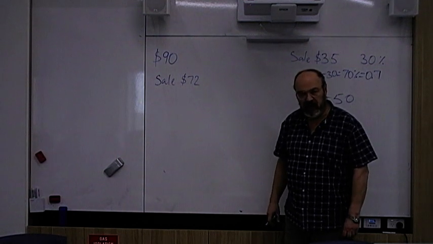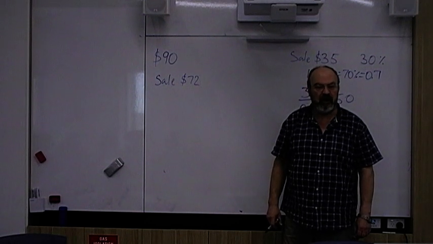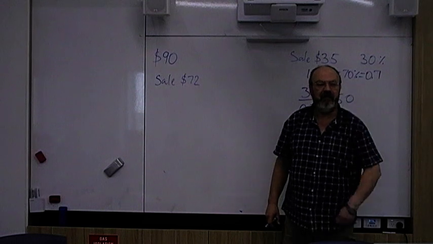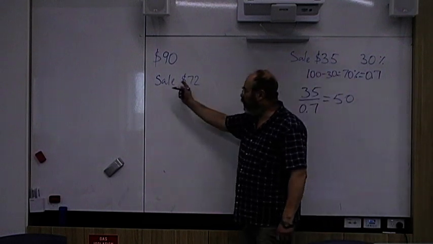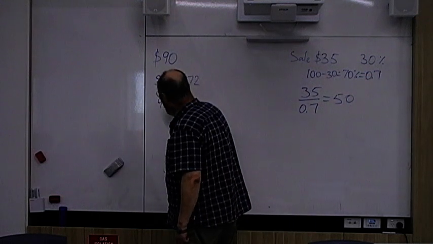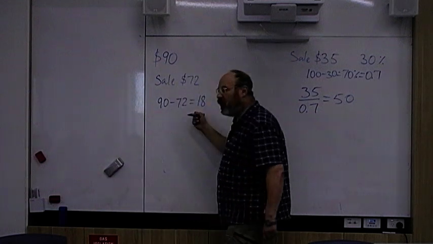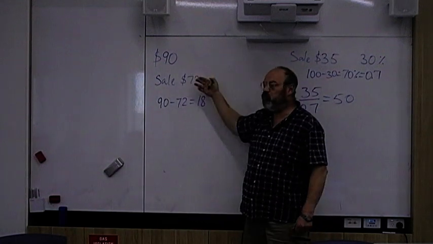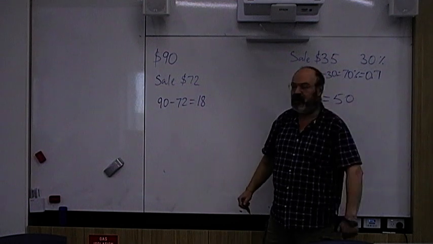How do we do that? First, we need to find the discount in dollars. How many dollars? 18. So we find that it went down by $18. If it was 90, now it's $72. So the discount is $18, and then you divide it by 90.